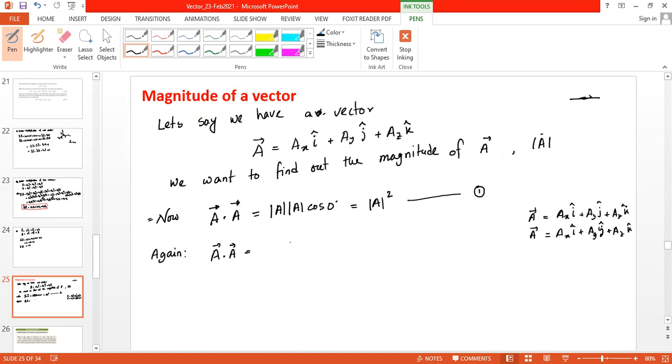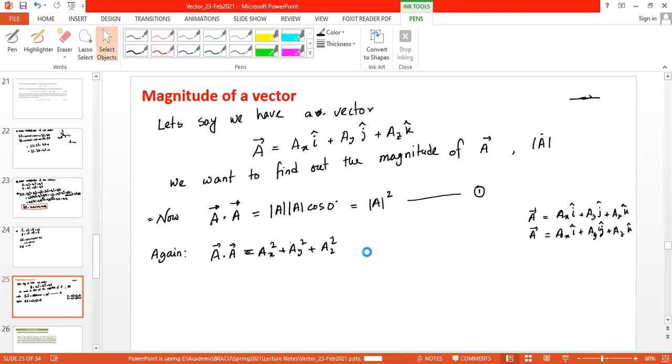So A dot A means AX BX, and here BX is AX, so AX square, plus AY times AY, that is AY square, plus AZ square. Is it clear to you guys?